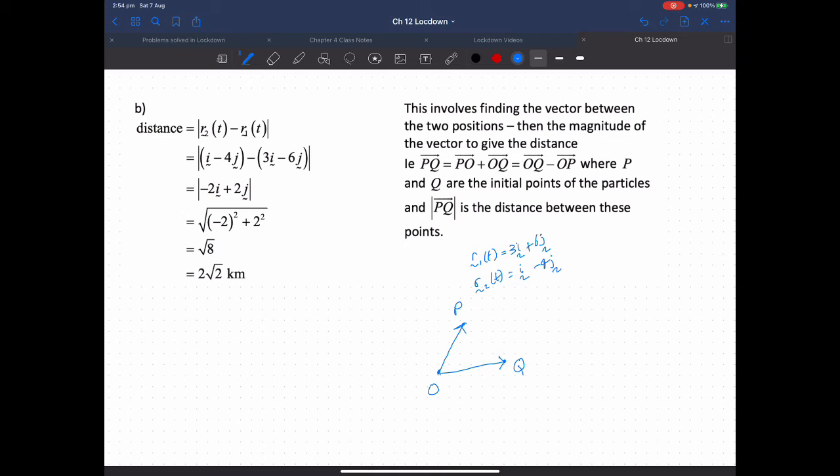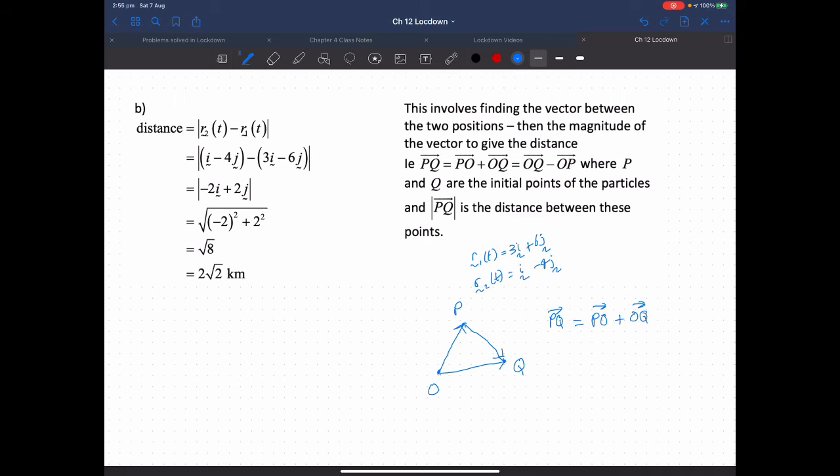What we want to do is find the distance from P to Q. That is the distance between the 2 vectors. Now we know to add vectors together we have to join them head to tail, and that is not the case here. So we know vector PQ is equal to vector PO plus vector OQ.